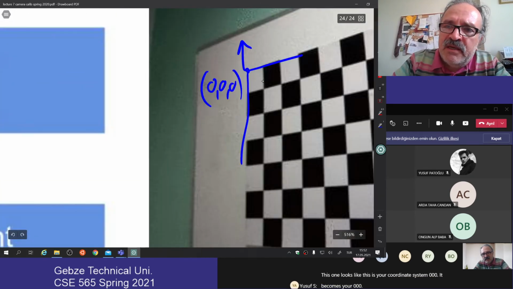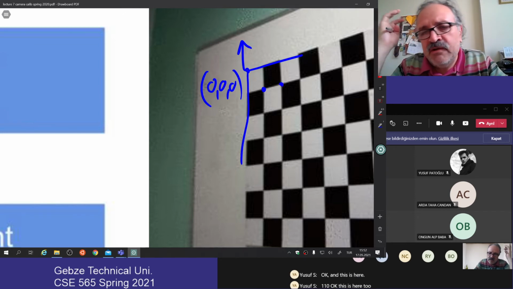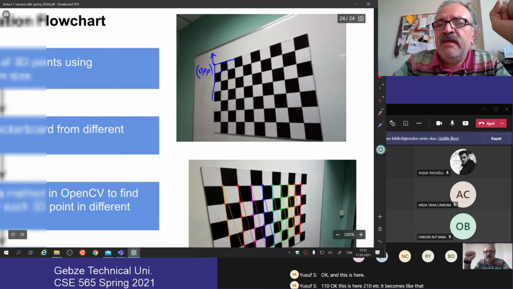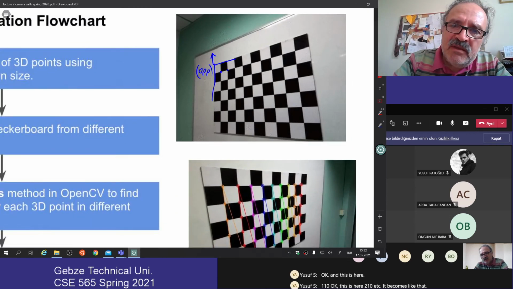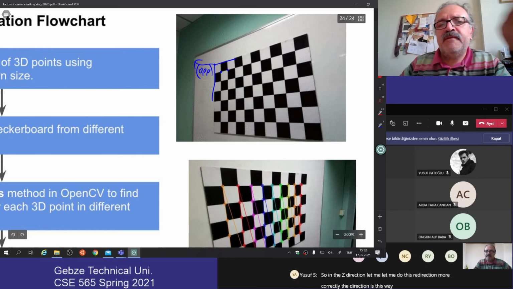And this is here 1, 1, 0. This is here 2, 1, 0, etc. It becomes like that. So in the z direction, let me do the z direction more correctly. Z direction is this way, up, right?